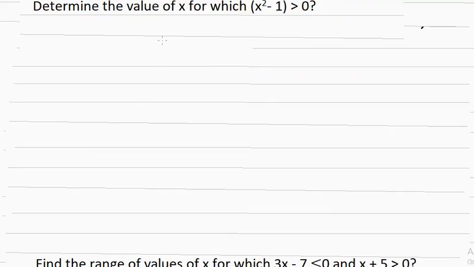Another question. In this case, the expression right here is x squared minus 1 is greater than 0.